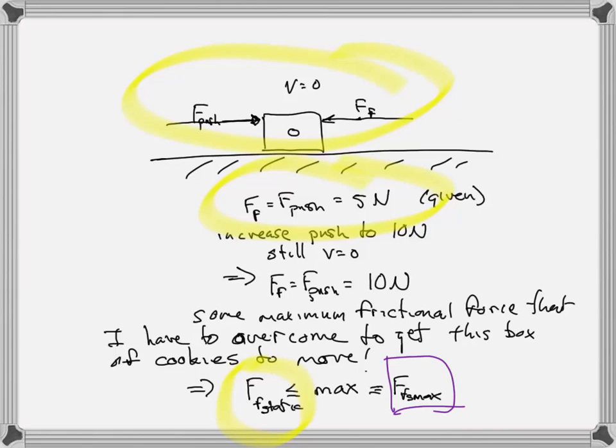We can do some experiments and we find, lo and behold, and this is an experimental result, that FFS max is proportional to the normal force. Not the weight, but the normal force, which might be equal to the weight, but it's proportional to the normal force.